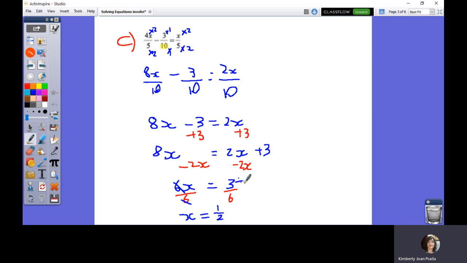I simplified by dividing numerator and denominator by the table of 3, since 3 and 6 are both in the table of 3. So 3 divided by 3 gives us 1, 6 divided by 3 gives us 2. Either you write 1/2 or 0.5, they are both the same.